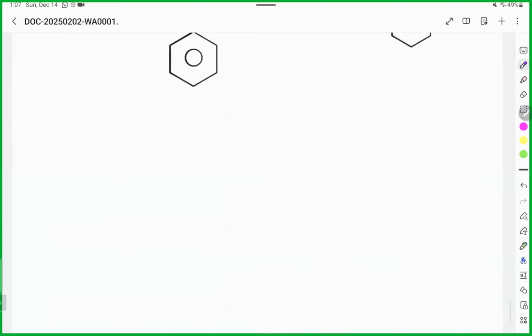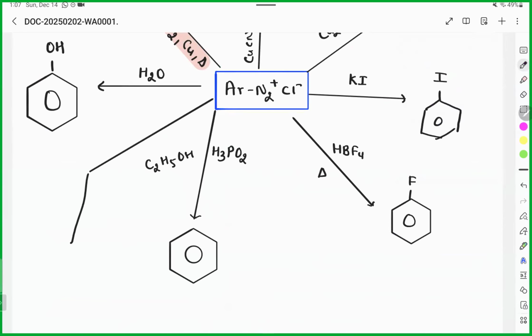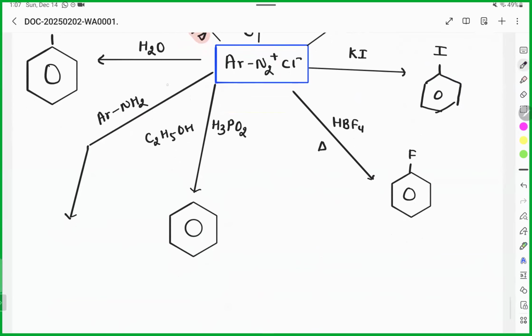So that is what I was saying. We can add more in this. If it reacts with the benzene along with NH2, aniline, what will happen? It will react in the acidic medium. What will be the product? Benzene ring, nitrogen double bond nitrogen, benzene ring, and the para position NH2. This is yellow color, yellow dye.